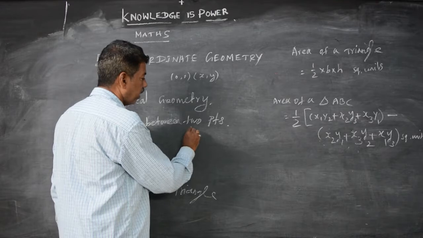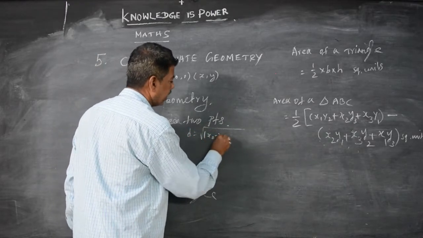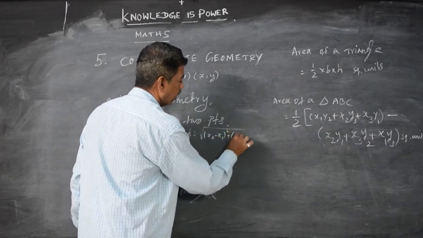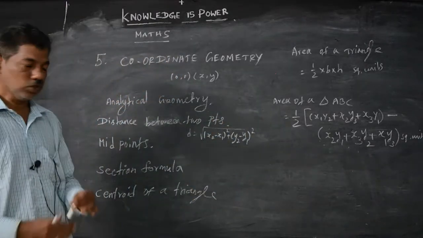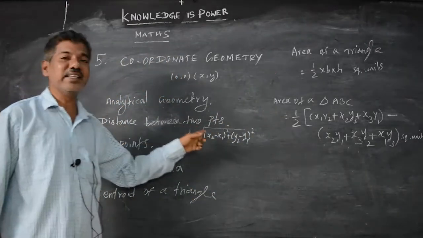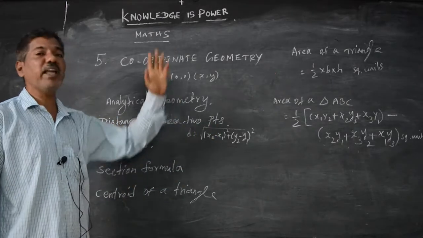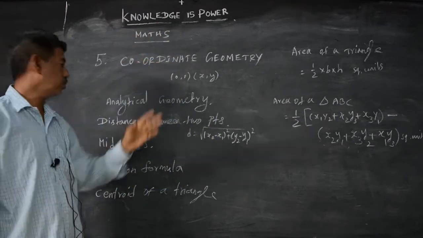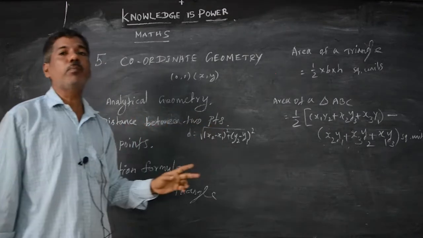So what is the formula? D equal to root of x2 minus x1 whole square plus y2 minus y1 whole square. This is called the distance formula, and based on that we did so many sums last year. That is distance between 2 points.